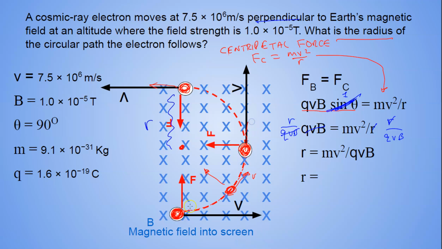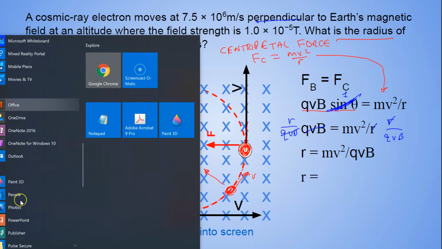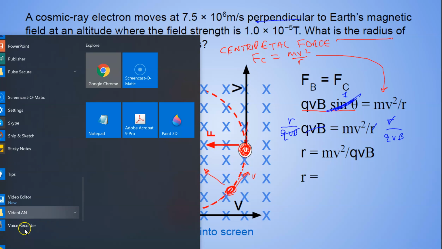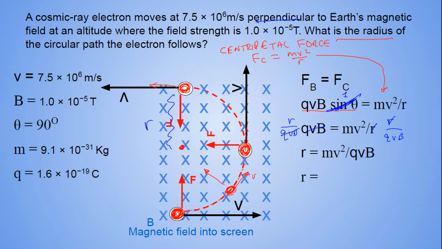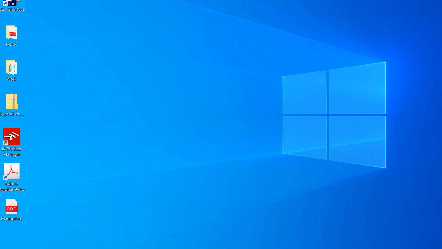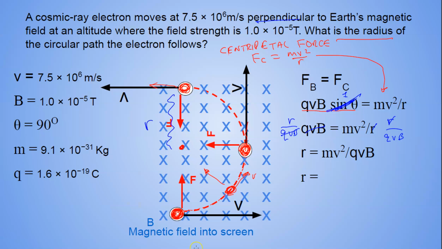And my calculator's hung up, so I'm going to turn that off and see if I can get it back here. Let's try one more thing. All right, that should do it.